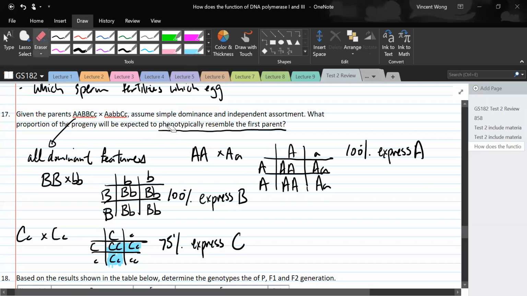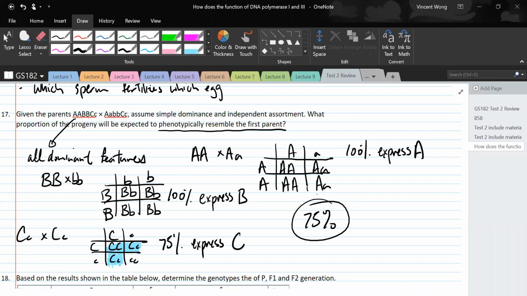So phenotypically, what proportion of the progeny will resemble the first parent? 100% will have the A, 100% will have the B, 75% will have the C. And what you want to do is multiply these together, right? So 100% times 100% times 75% is going to be 75%. Okay. So three quarters of the progeny. Progeny means like offspring, right?